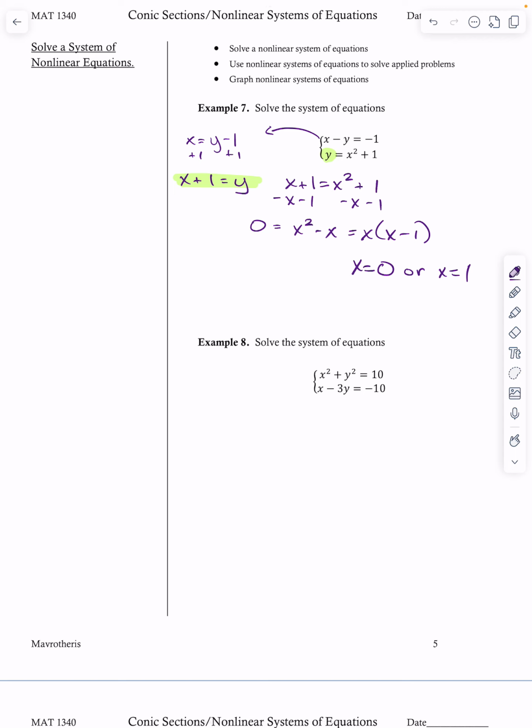We've solved for x. We still need y. So let's see if we can keep these separated. I'm going to take the x equals 0, and I am going to plug it in here.